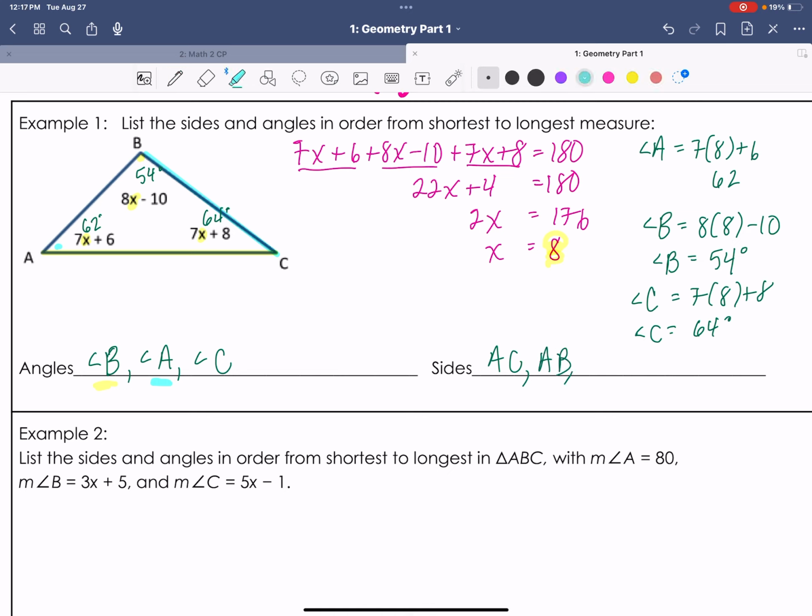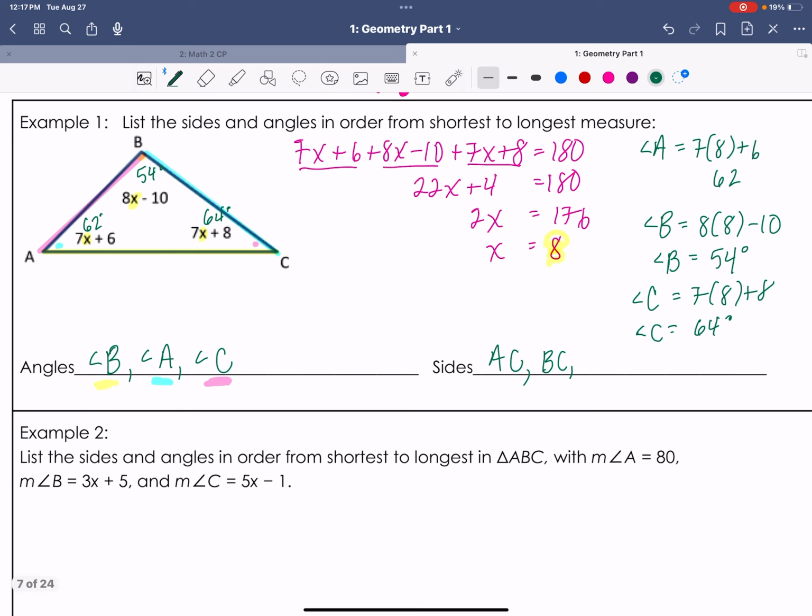And then for angle C, which is the largest, this is going to be the longest side, which is AB. I'm sorry, I made a mistake. BC, my bad. So BC should be the middle because BC is across from angle A, and then the longest should be AB. There we go.